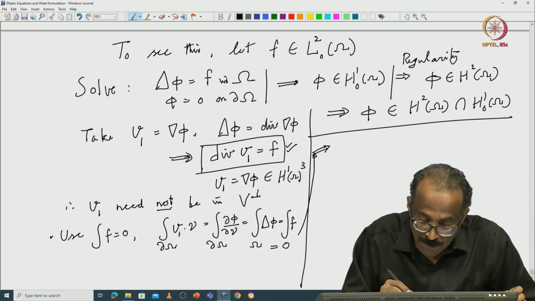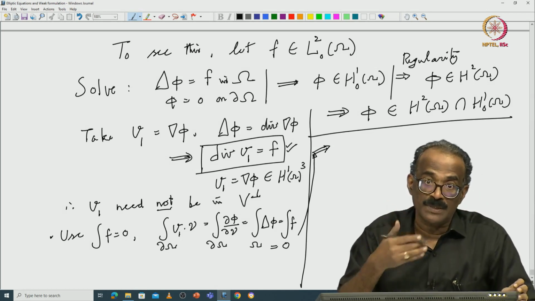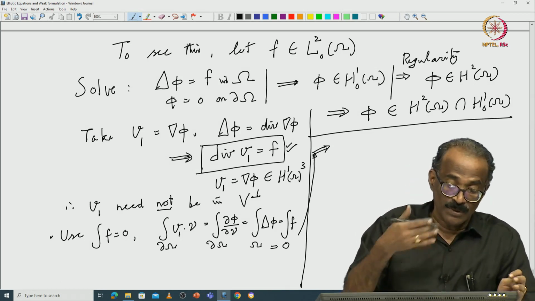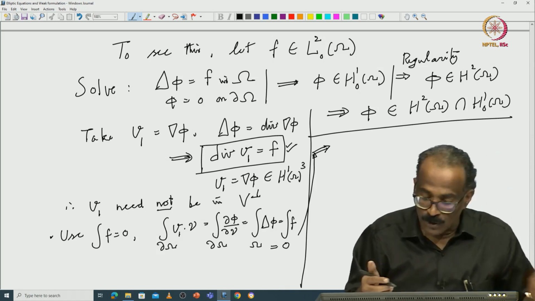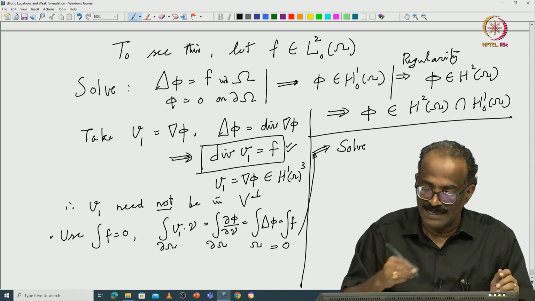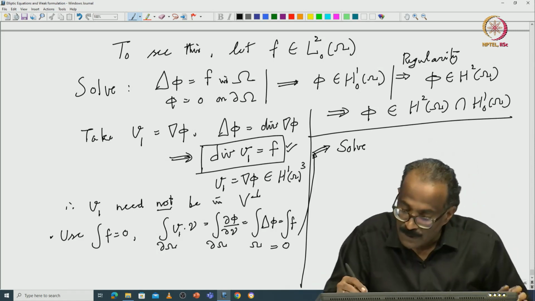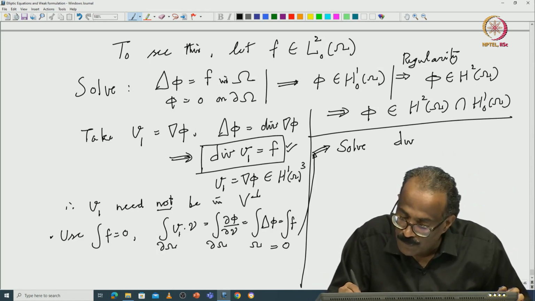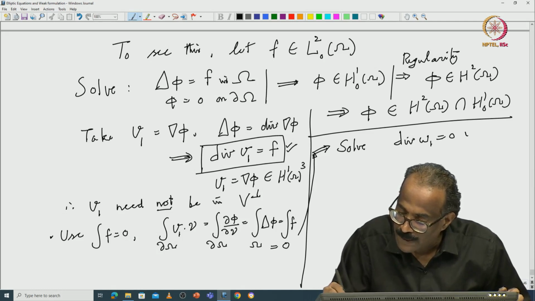So basically from V1 we want to remove some divergence free vector, so that it will be in V perp. So you solve this solvability problem; I will discuss it a little more generally. You solve divergence of V1 equal to divergence of W1 equal to 0 in omega.